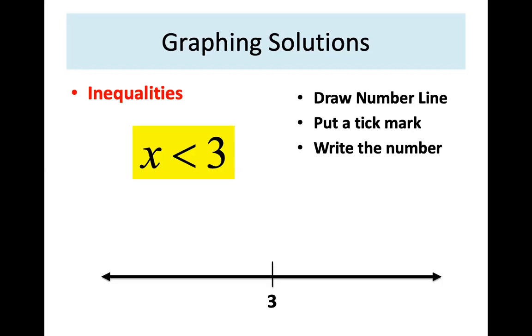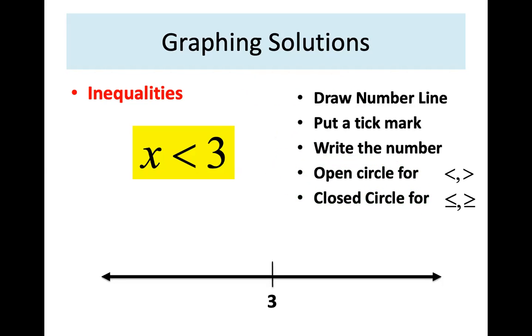So how we show that it's not part of the answers is we put an indicator. If you have a less than or a greater than symbol, we say strictly less than, strictly greater than. If it's strictly less than or strictly greater than, we put an open circle. That means you don't fill it in. If it's less than or equal to or greater than or equal to, we put a filled in circle, meaning it would look like this.